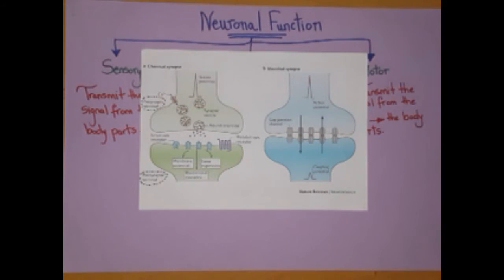From the previous session, we know that the influx of sodium causes a depolarization event. In that case, we have successfully transmitted a depolarizing event from the presynaptic neuron to the postsynaptic neuron. And that's simply how a signal is transmitted from the organs to the central nervous system or vice versa.